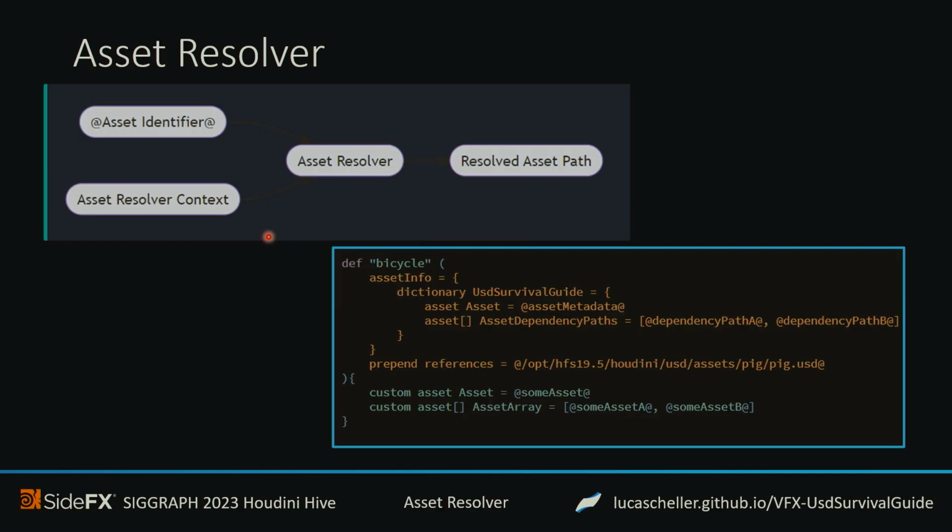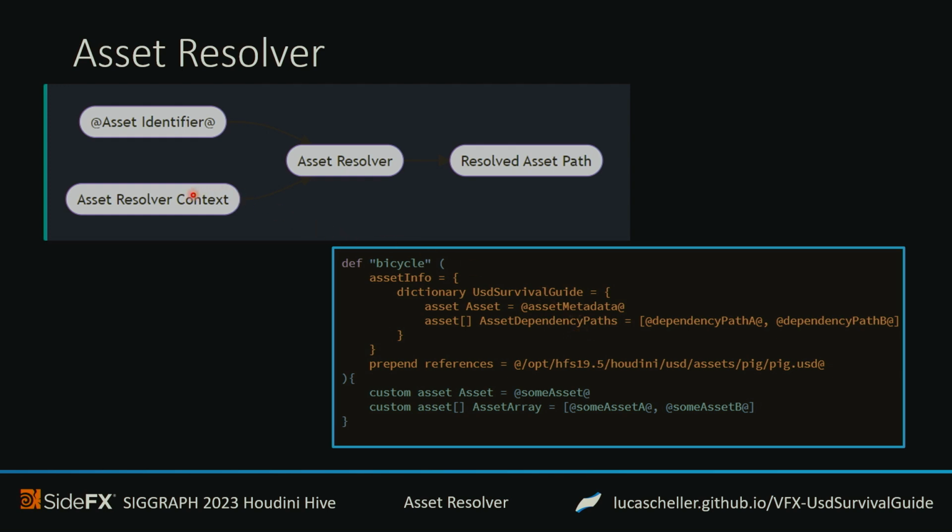So what is the asset resolver even? Basically, if you inspect USD files in Houdini, anything that has the at-sign URI or asset identifier syntax gets piped through this magical black box called the asset resolver, and then that outputs a final path.